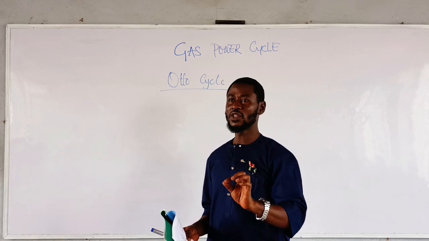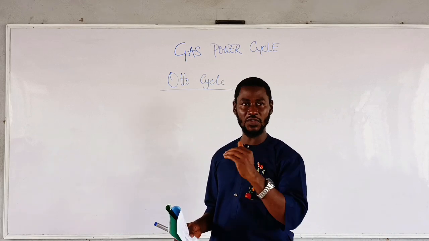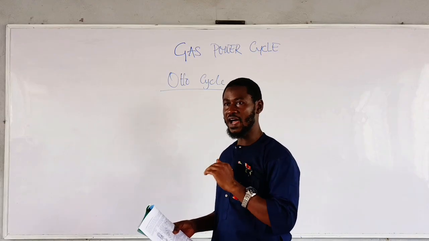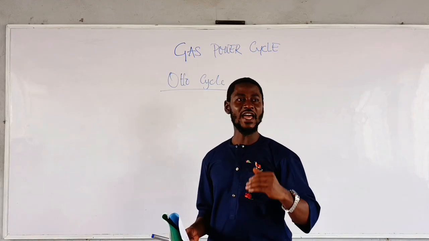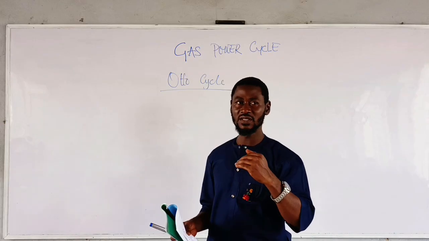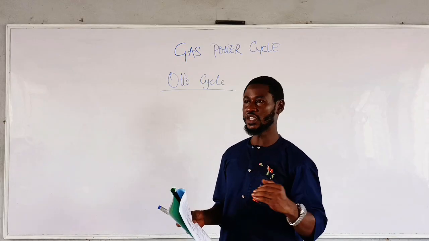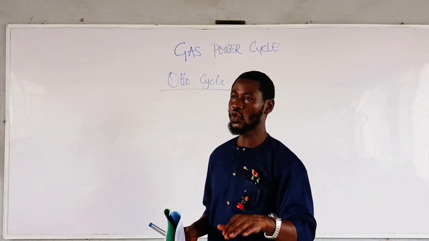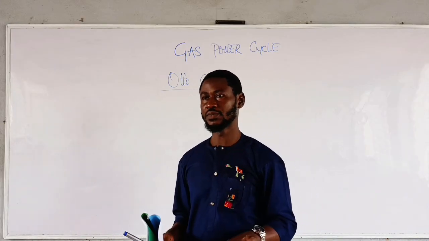The terminologies that we want to bring out of this, we are going to consider a piston cylinder arrangement, whereby we look at how the piston is moving. This thing is not new to each and every one of us, as the piston is moving in a to and fro motion.